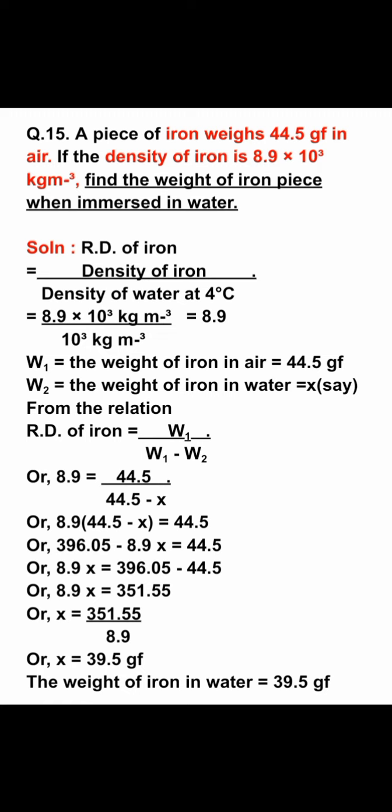So x equals 351.55 divided by 8.9, so x equals 39.5 gf. So the weight of iron in water, 39.5 gf, is the answer.